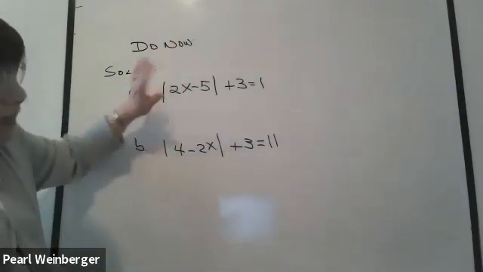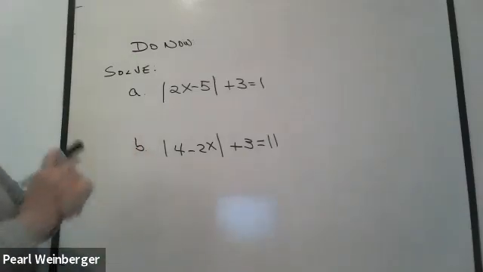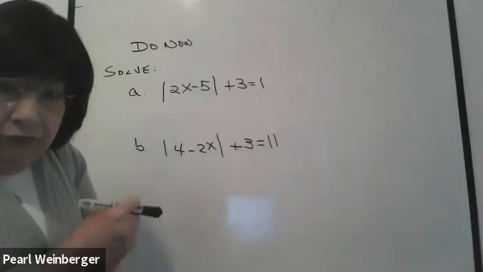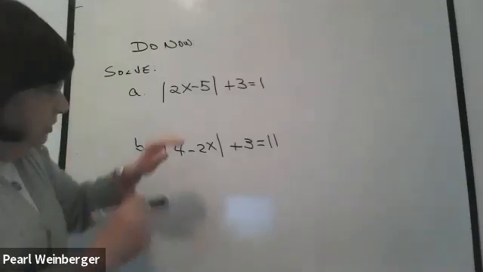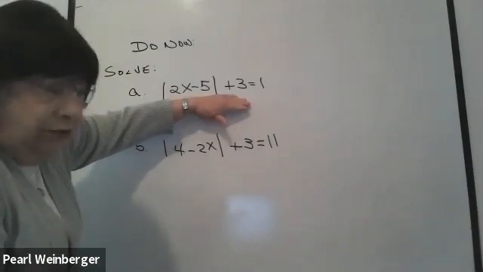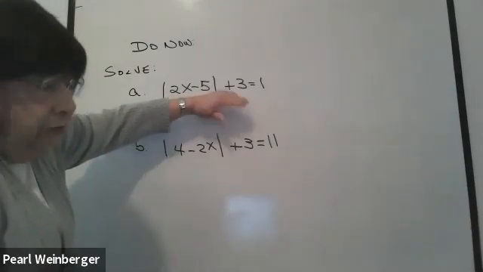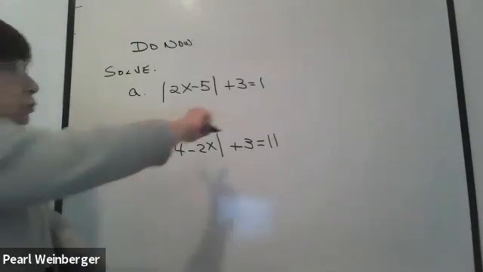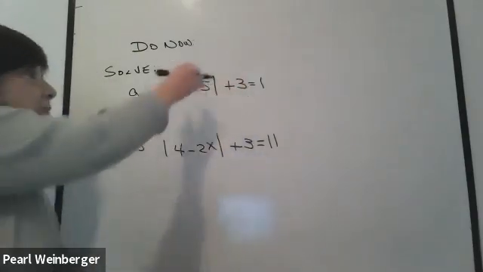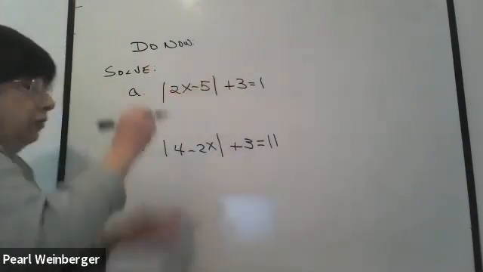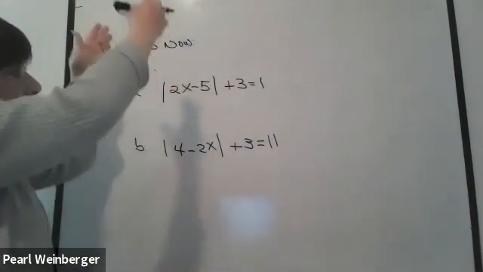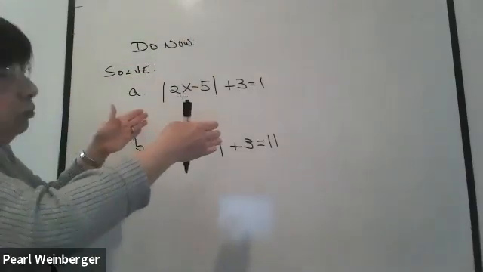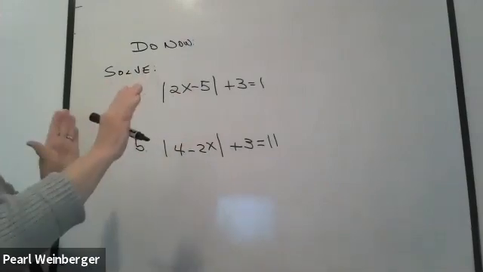There could be other things outside of it, etc. In any case, whenever you want to solve an absolute value equation, your first step has to be to isolate the absolute value, which means I'm looking at this 3 is a problem. We have to have this all by itself. I don't care that there's things inside, but that whole thing inside those two straight lines has to be by itself.